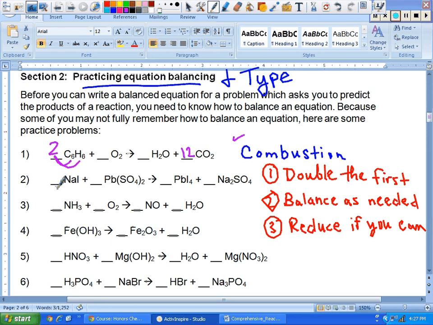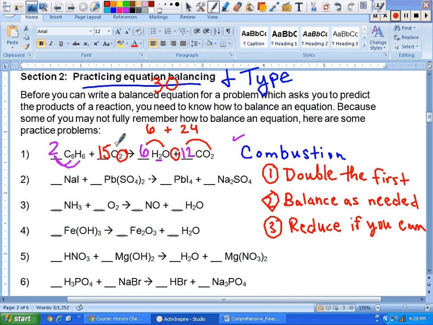Now let me count up my oxygens. 6 plus 12 times 2 is 24, so I have 6 plus 24. That will give me a total of 30. And then I already have 2, so what is half of 30? That is 15. So that should be your final answer, because can you reduce these values?